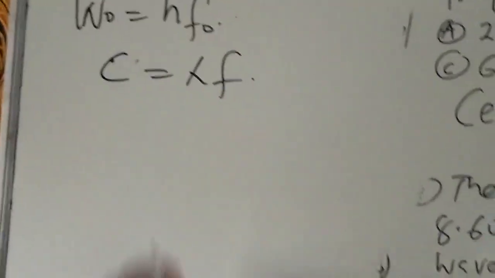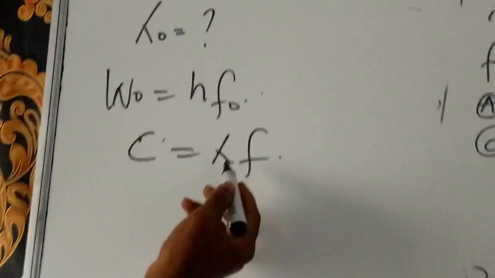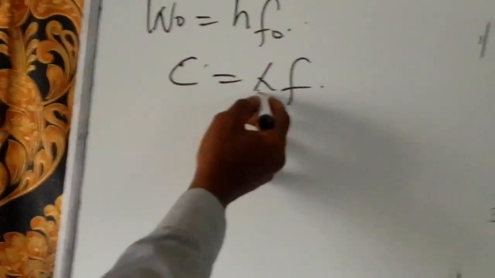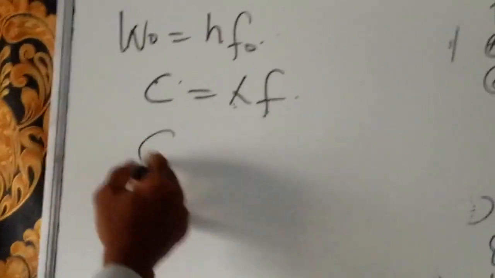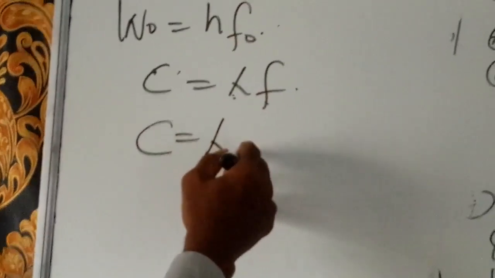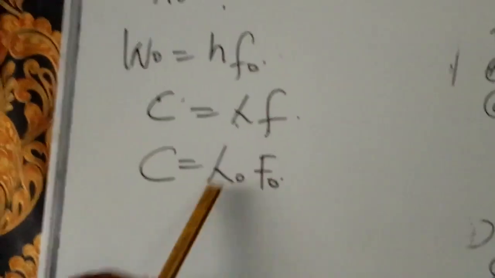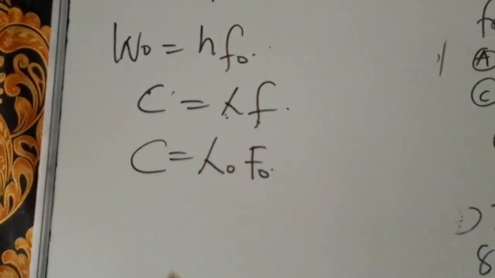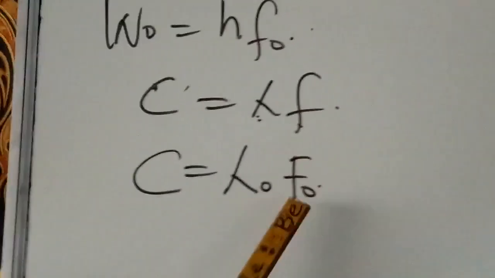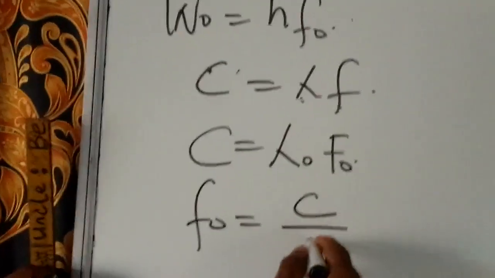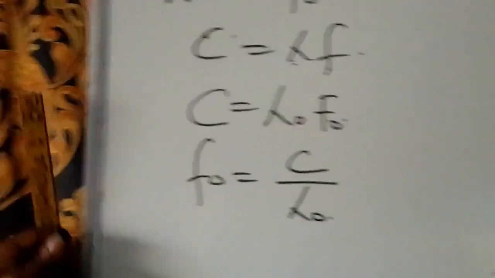So how does threshold wavelength connect to threshold frequency? You can say c equals threshold wavelength times threshold frequency. Making f₀ the subject, f₀ becomes c over threshold wavelength.